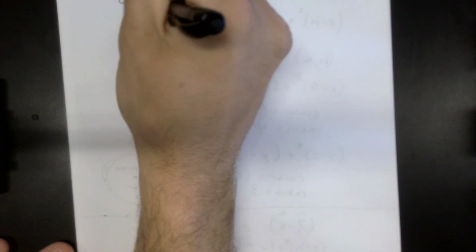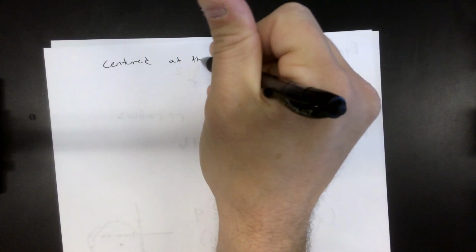If it says centered at the origin, where's the center at? The center is 0, 0. So anytime you hear centered at the origin, the center is 0, 0.